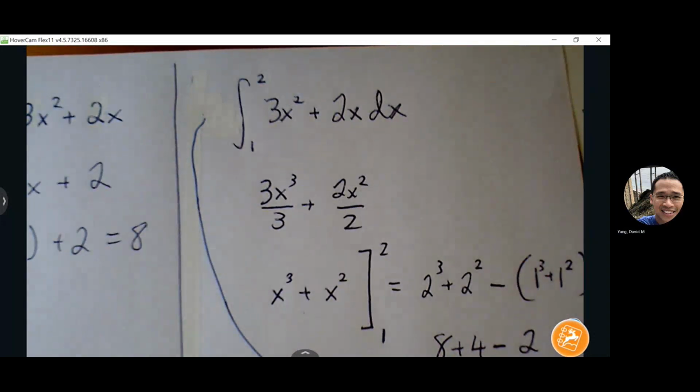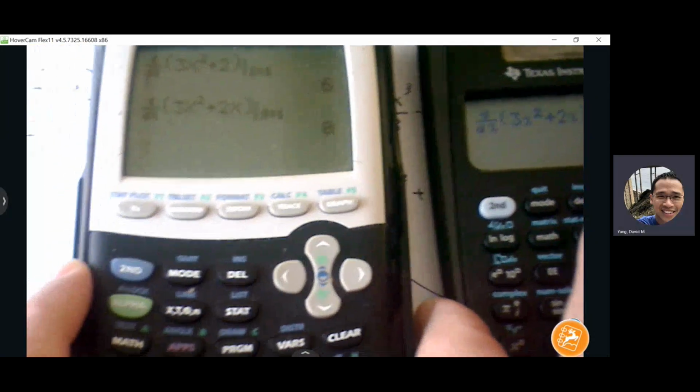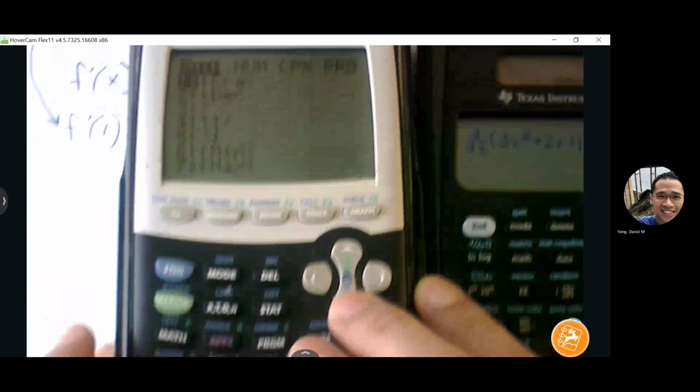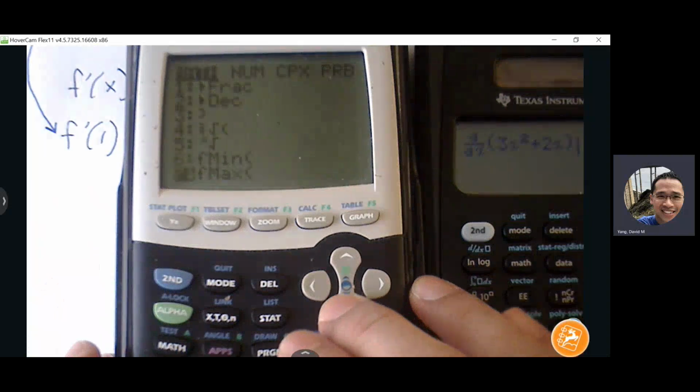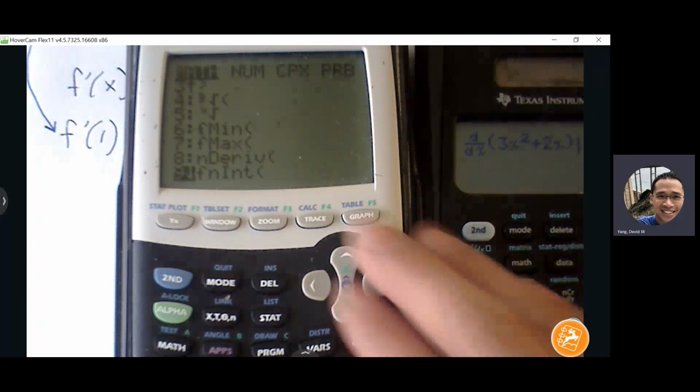Okay. So it's also under the same menu in your graphing calculator. Instead of going to math 8, which is nDeriv, you're going to go to math 9, which is fnInt. So one is for derivative, one is for definite integrals. Choose the math 9 option.